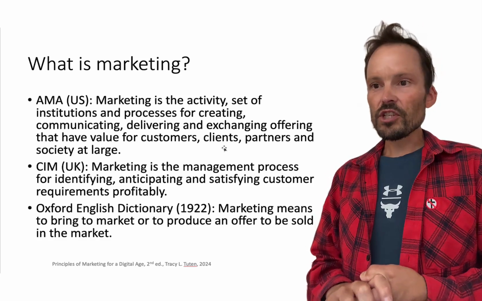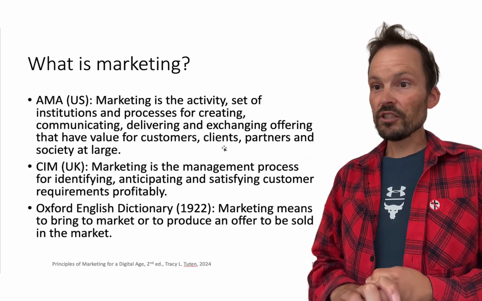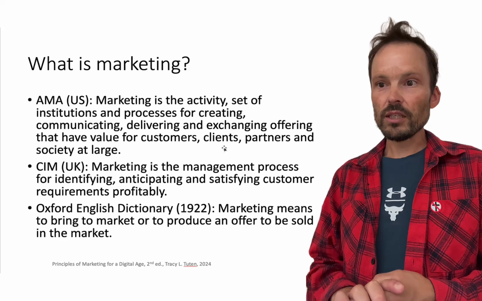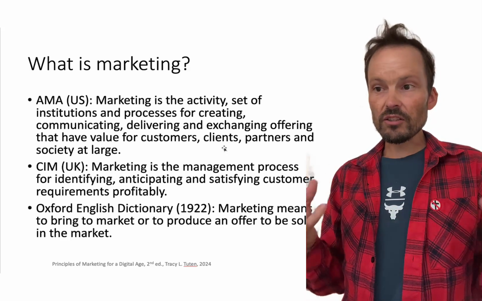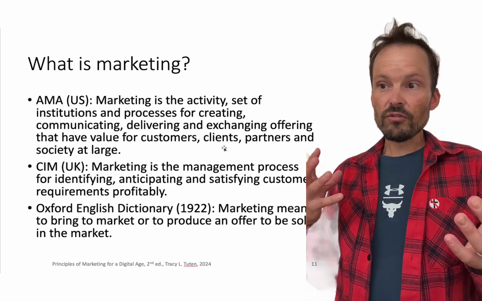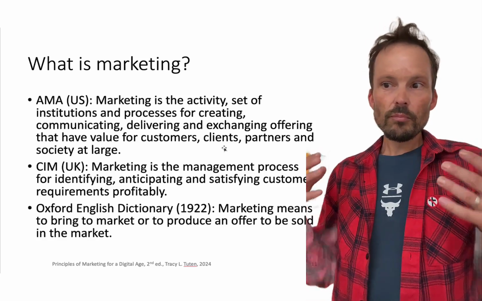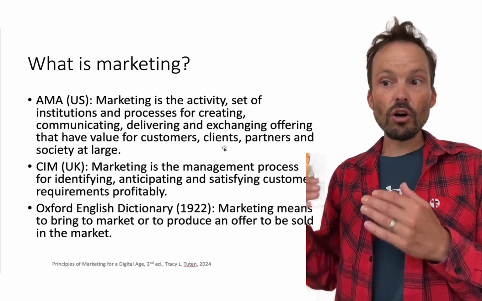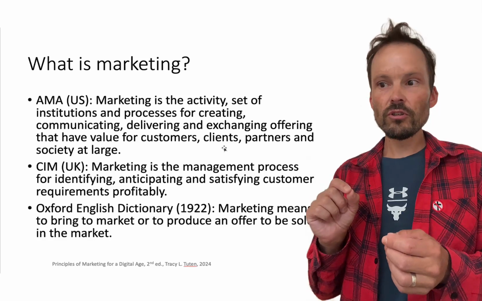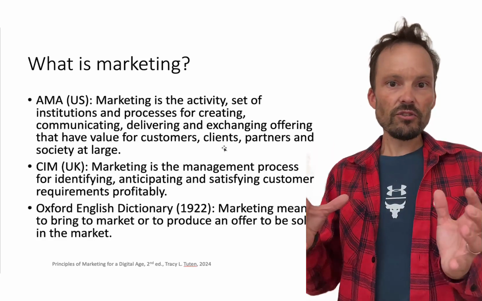I am generally a fan of the definition that you see on the slide here from the American Marketing Association, the AMA, that sees marketing as a set of activities, institutions, and processes for creating, communicating, delivering and exchanging offerings that have value for customers, clients, partners and society at large.